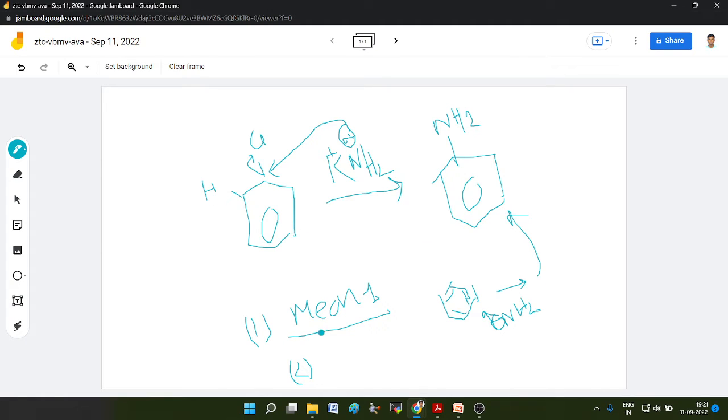So this is another mechanism, mechanism 2. If I say this is forming and this is the mechanism which is actually followed, then we have to prove that this is formed. One thing we can do, which is already shown, is trap this intermediate. That's how we can say that this reaction follows this path, not the elimination substitution path.